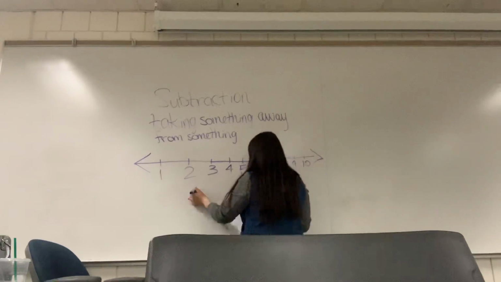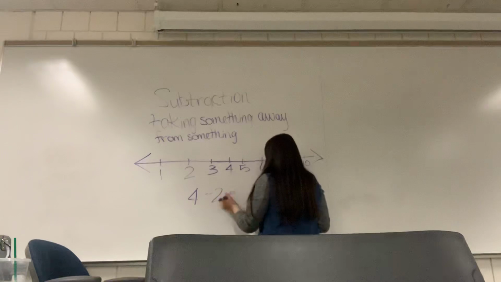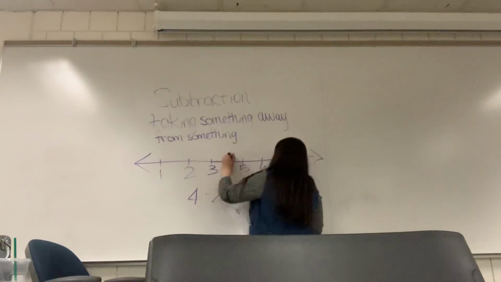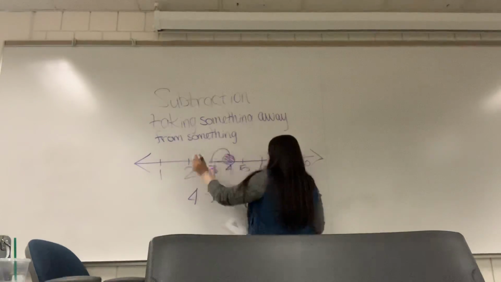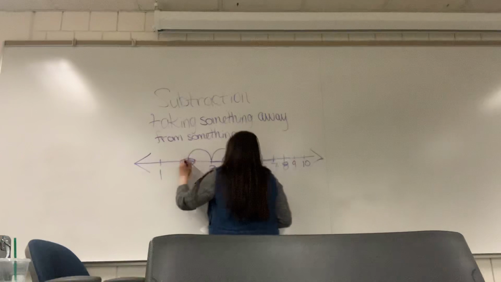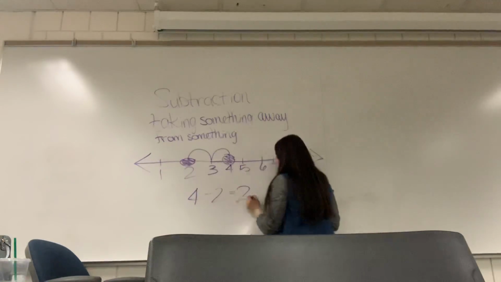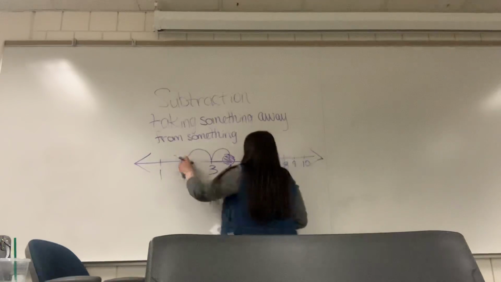So next, let's do 4 minus 2. Circle the 4, shade it in, jump back because we're subtracting. Jump back 1, 2, shade in what we land on, 2. 4 minus 2 is 2.